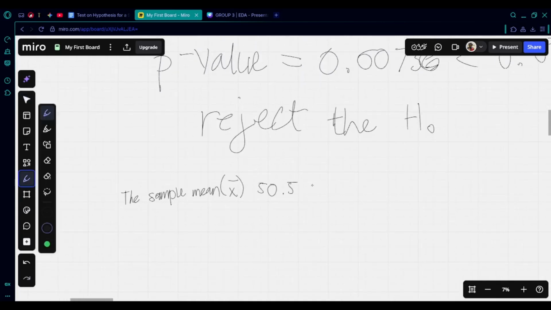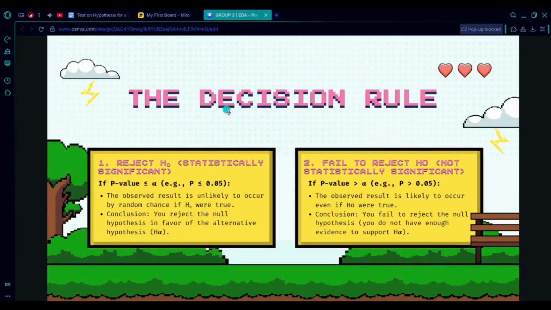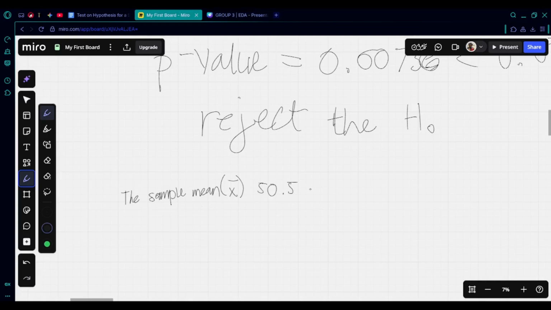This is significant, since from our decision rule, if we reject the null hypothesis, it is statistically significant.